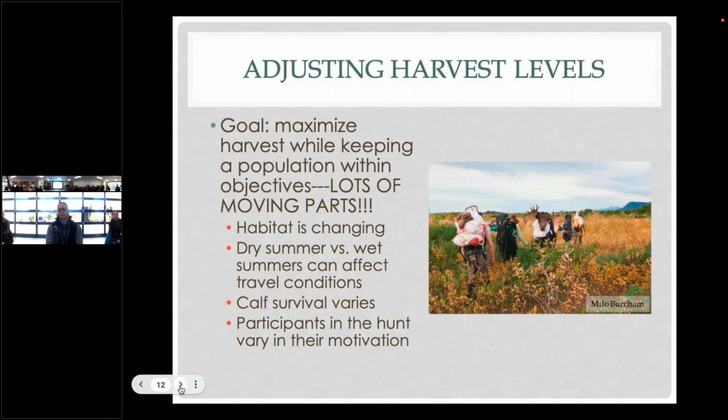And that can affect travel conditions and hunter success, how well you can use an airboat, how well you can fly. Calf survival varies from year to year, and I can't really account for that. And then also the participants in the hunt varied in their motivation. When we're issuing a whole lot of permits, you can get some people that aren't as gung-ho about moose hunting as others.